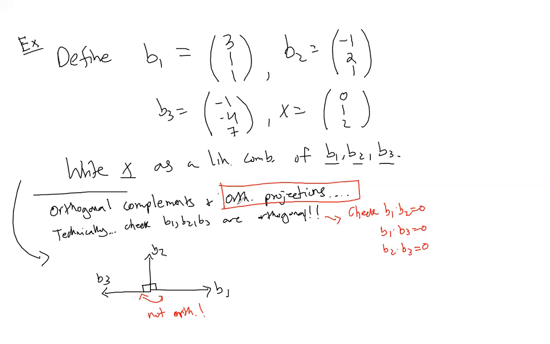Okay, let's talk about orthogonal projections. I'm going to erase this board. Orthogonal projections are extremely important. They really are the foundation of a lot of techniques used in various machine learning and data science methods.